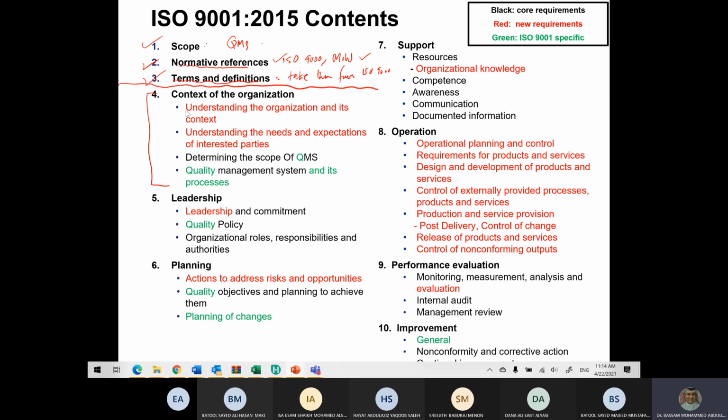Are there any competitors around me? Do I have a market or not? Who are the people that I'm going to deal with, the interested parties in future? Are there expectations from a legal authority that I need to satisfy? So here you're looking at the context of the organization, my goal, and what I should do.